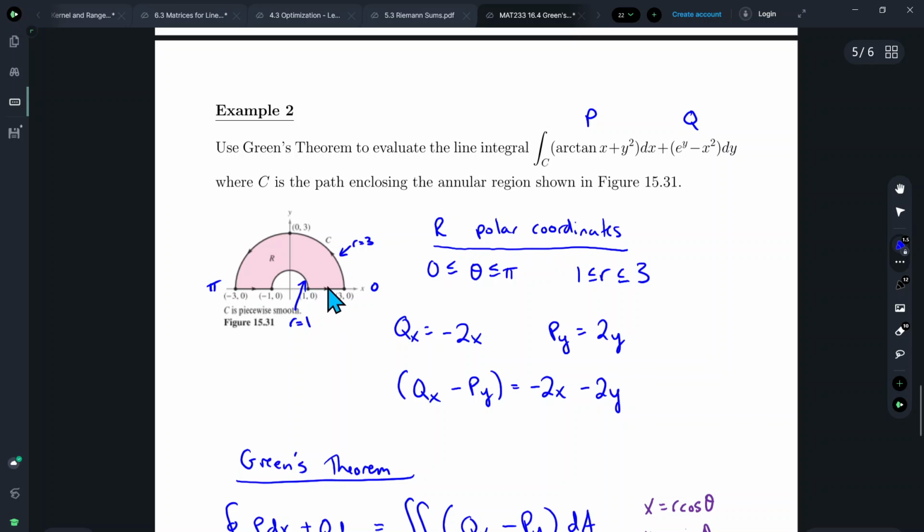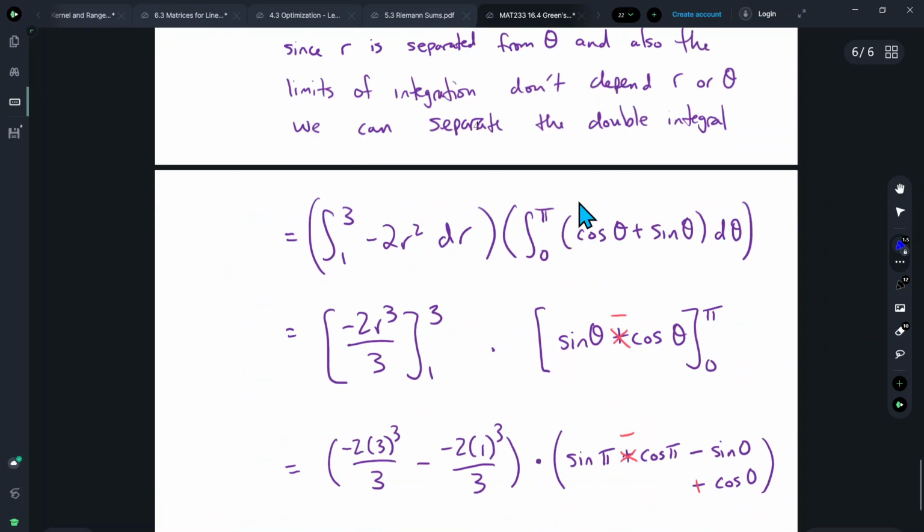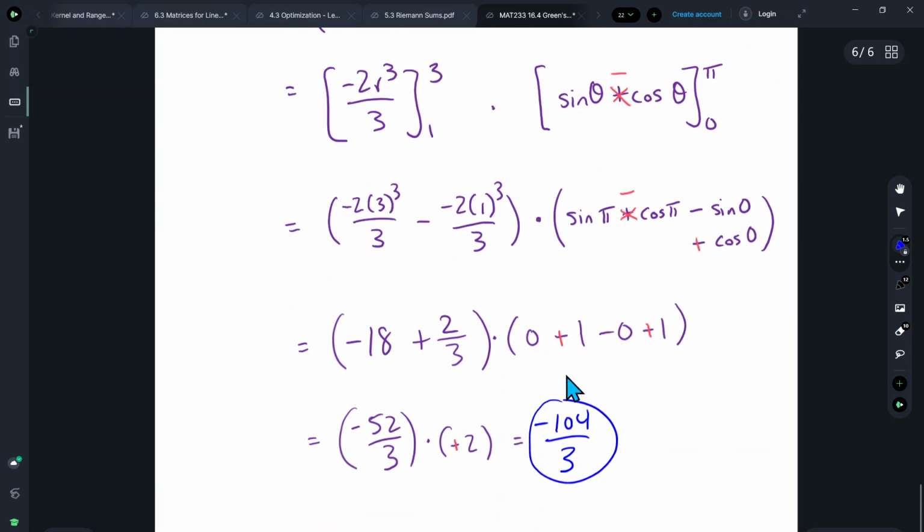So this would be C1, C2, C3, C4. So 4 components, so 4 separate line integrals. And again, the P and Q components here are much more complicated functions. So this line integral is going to be much more complicated to try to calculate directly. So it's much preferable to use Green's theorem in this problem.